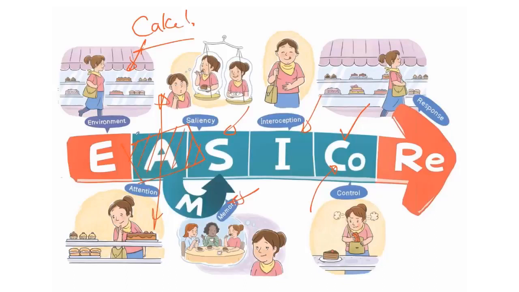So if we can train people to have better attention, not to attend to salient stimuli in the first place, then we can save their lives if they are substance users, or if they are diabetic people who are not supposed to eat more, but they are exposed to food cues that are going to stimulate them to eat, and that is going to be detrimental for their health in the long term.